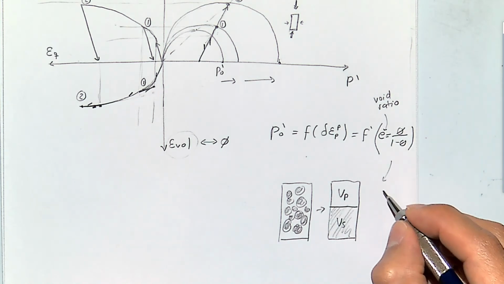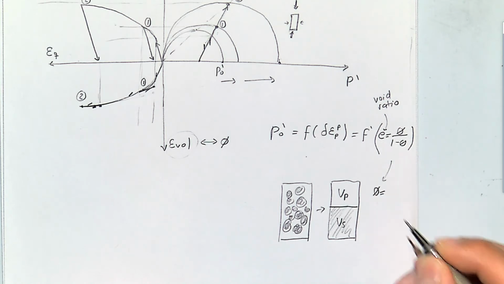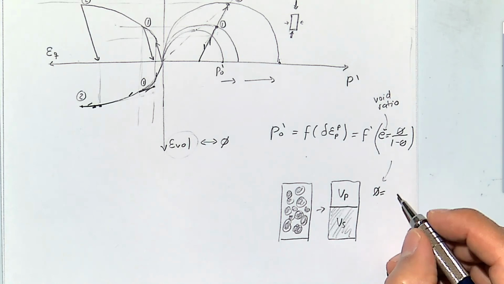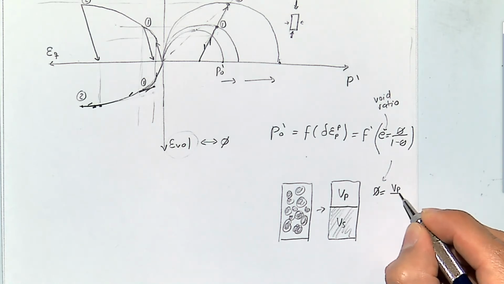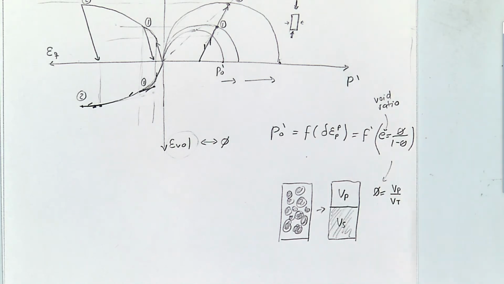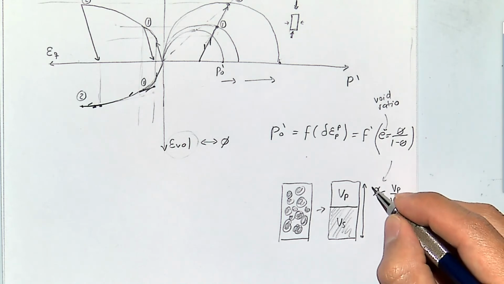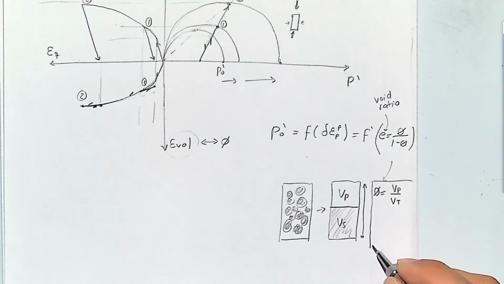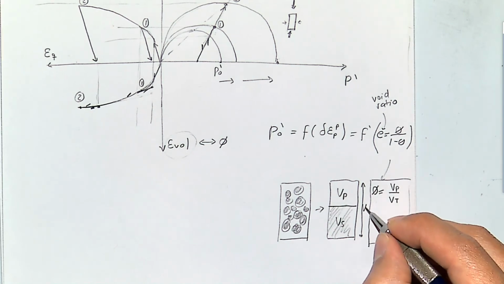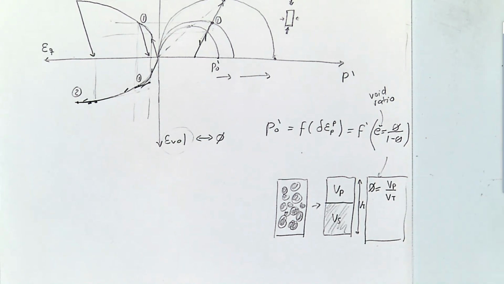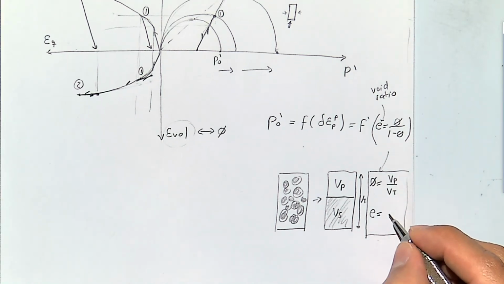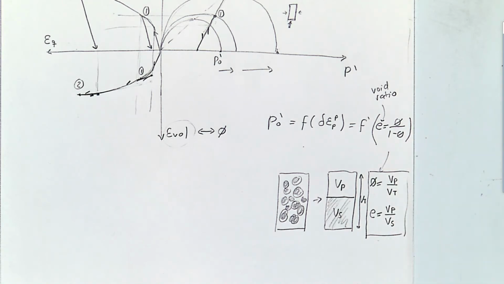And here, porosity is just equal to volume of the pore divided by total volume, where all of this is the total volume, and void ratio is defined as the volume of the pores divided by the volume of the solids.